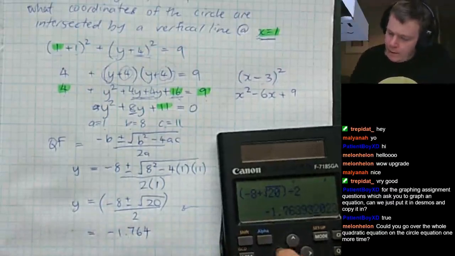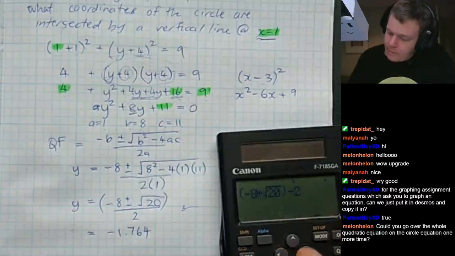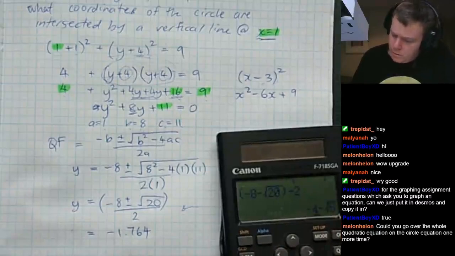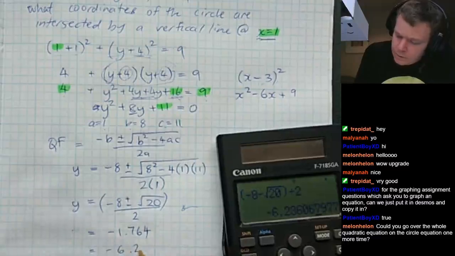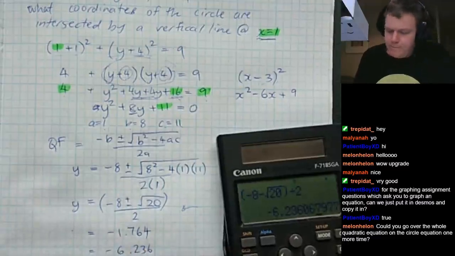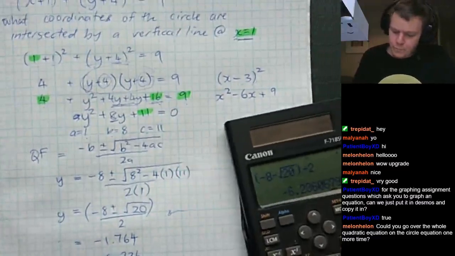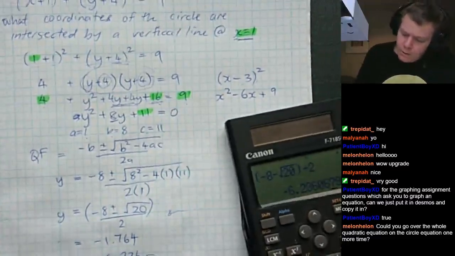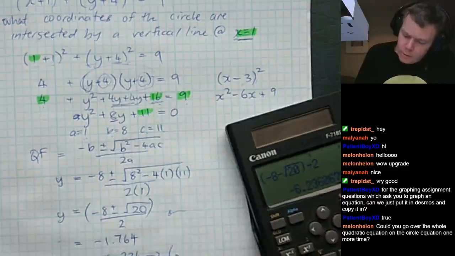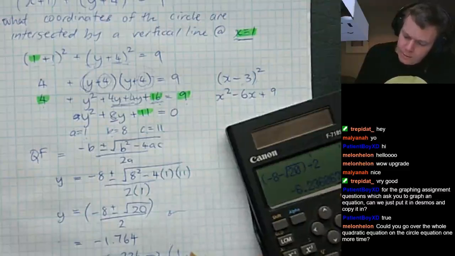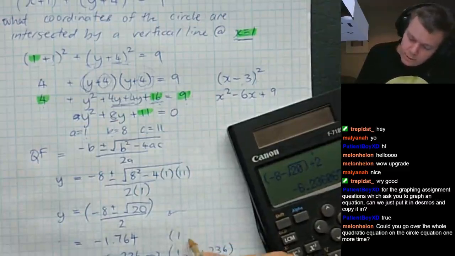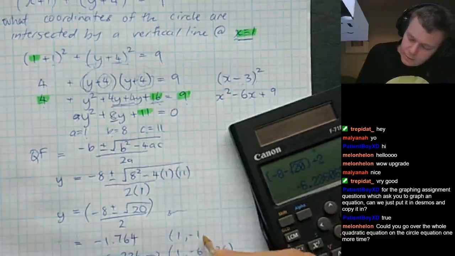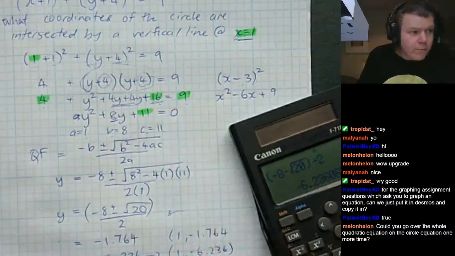And then if we go back and delete that plus and make it a minus, we're going to get negative 6.236. Okay, so those correspond to coordinates at 1, negative 6.236, and 1, negative 1.764.